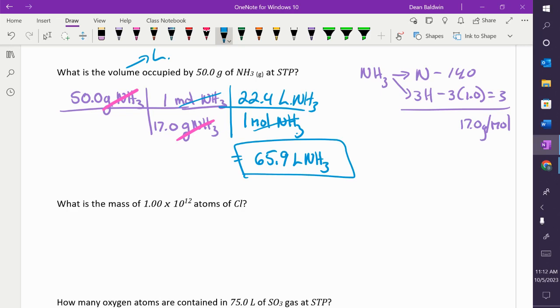How many sig figs should your answer have? 3. 65.9? Is that what we get? Okay. All right.